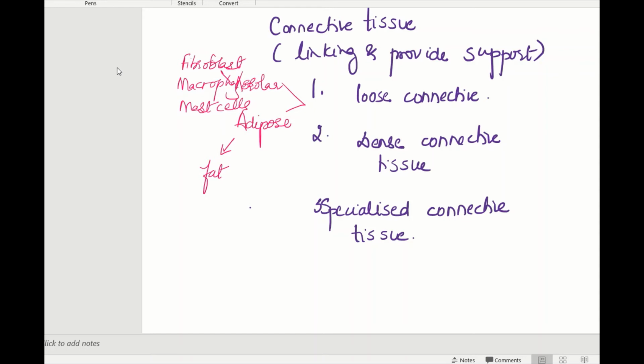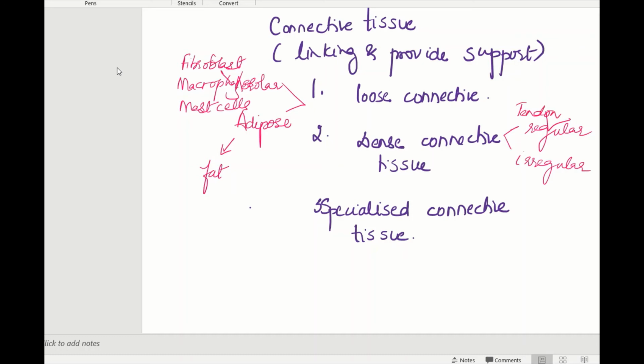Now coming to the dense connective tissue, we saw two types. One is regular and the other is irregular, right? In regular connective tissue, the fibers are arranged in proper, parallel rows. But that kind of arrangement we do not see in irregular dense connective tissue, right? For regular connective tissue, we saw two examples. One is tendon.